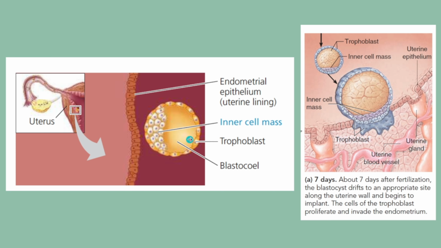At the end of the blastocyst cavity is a group of cells called the inner cell mass, and implantation of the embryo is initiated by the trophoblast, not the inner cell mass, because it is the outer layer, right? So the trophoblast starts to penetrate the endometrium wall.